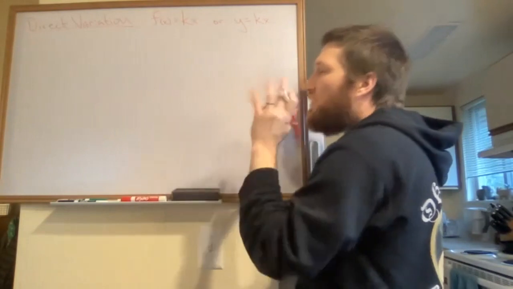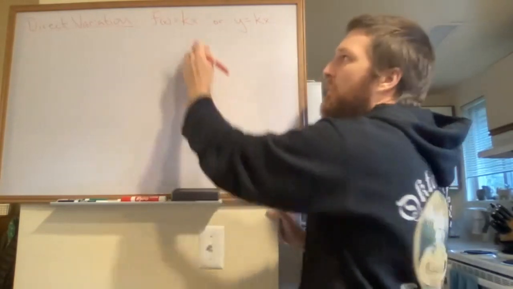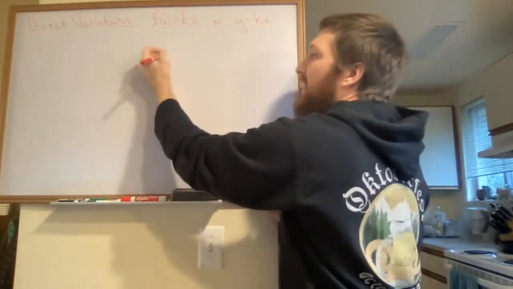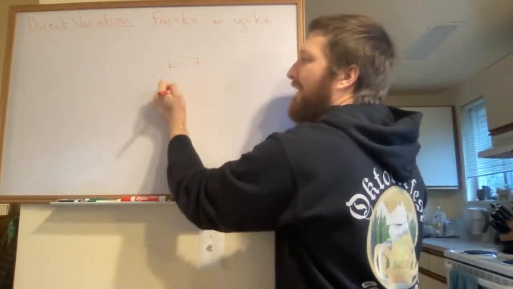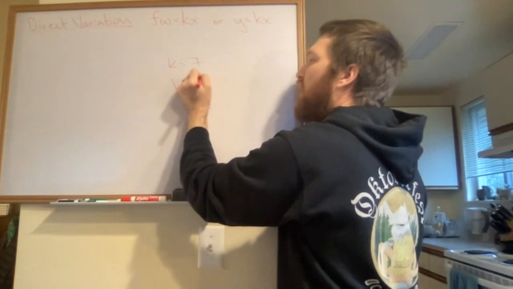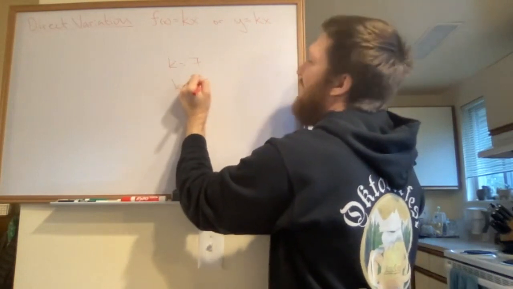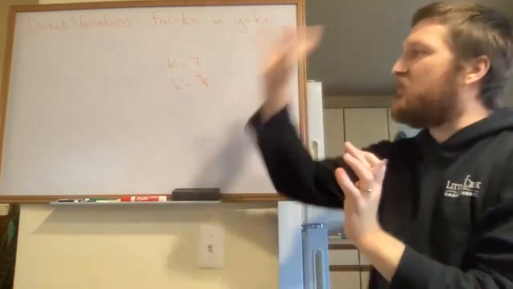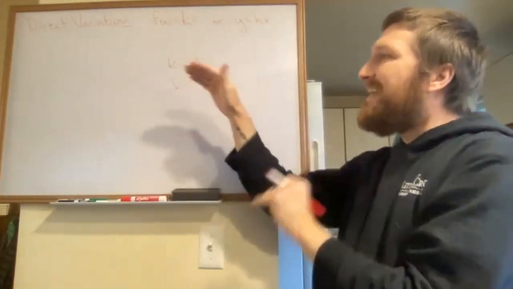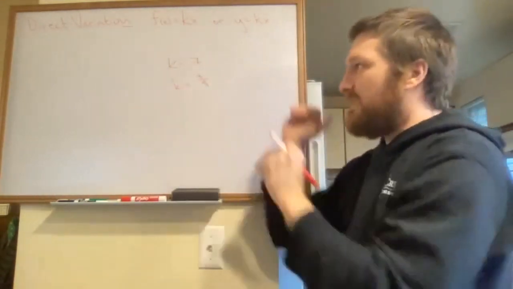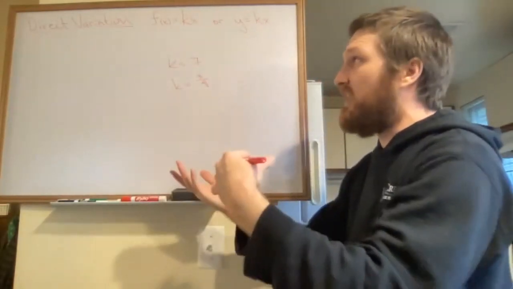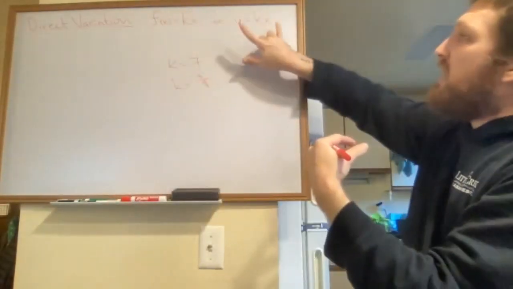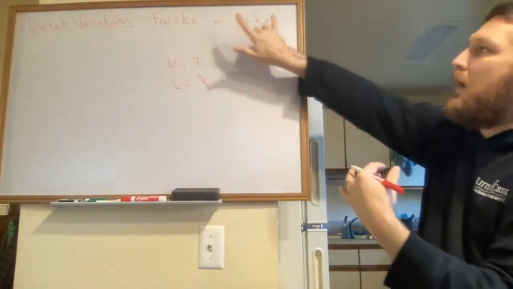But when you see that for the rest of the day, remember, this is just some number. K might be the number 7, or k might be the number 3/8 or something like that. K is just some constant number. It does not vary. That's why we call it a constant. It is not a variable. It doesn't move. It doesn't change. The only things that change are the x and the y values.